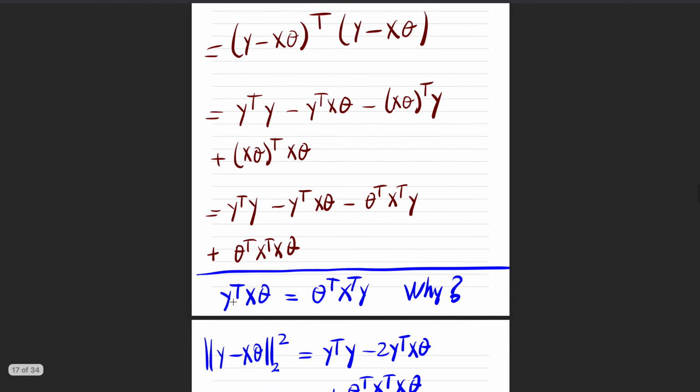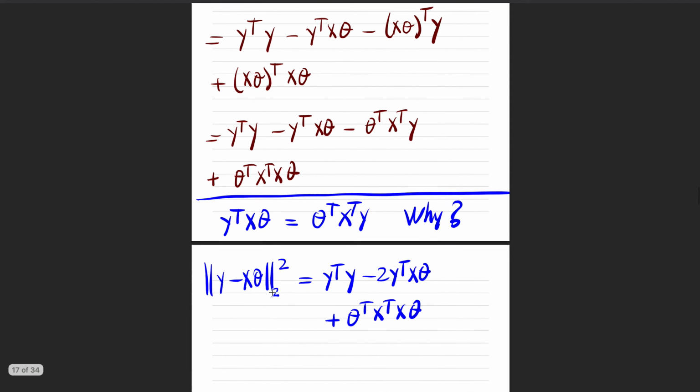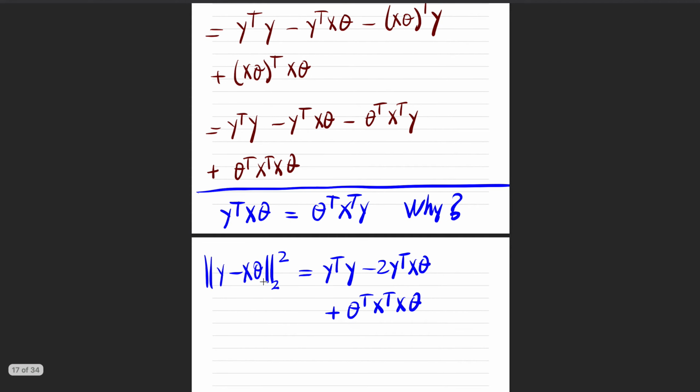And then y transpose x theta is the same as theta transpose x transpose y. It's the same thing. This is a scalar, and the transpose of a scalar is itself. So essentially, y minus x theta L2 norm is y transpose y minus 2 y transpose x theta plus theta transpose x transpose x theta.